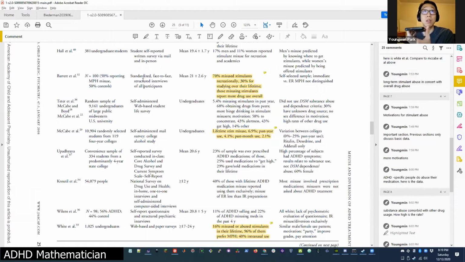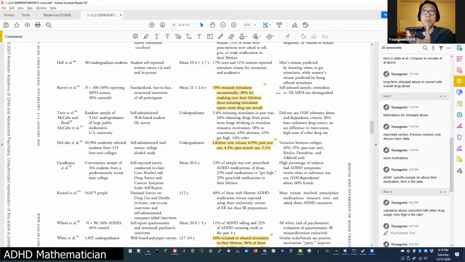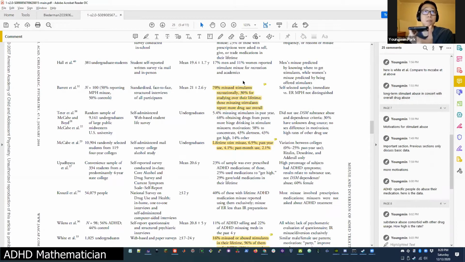Okay, and this one confused me. I don't know if this was a sample of ADHD people. N equals 100, 50% reporting. Oh, okay. So they just had 100 samples. 50% of them reported methylphenidate misuse. 50% were controls. Standard face-to-face structured interviews of all participants. So 70%, I assume, out of the 100, or I don't know, but 70% misused stimulants recreationally, 30% for studying over their lifetime.